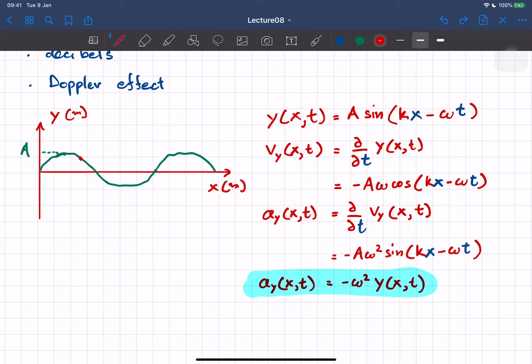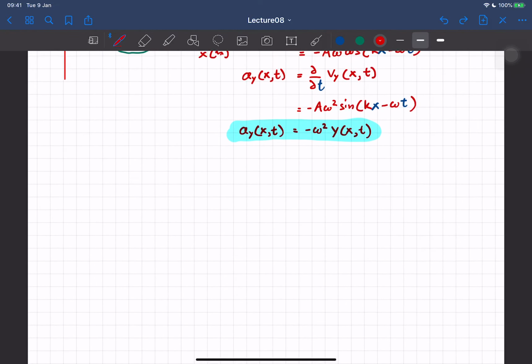Okay, so this shows the connection between the sinusoidal wave we are discussing now and simple harmonic motion, which we talked about last week. It's very similar, except for a wave you have more than one oscillator. You have a lot of them joined together, like in this case. Okay, so this is what we did last time.